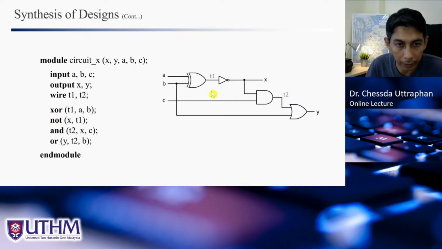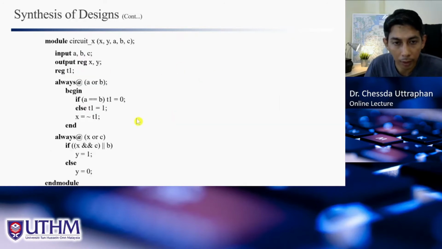So we need to label T1 or any other name, depending on you. In this case, this one is T1, so C XOR T1 is the output AB, and this is not gate. T1, the output is X, and this one is this, and we have T2 here, and we have Y. So same circuit, but by using structural modeling, we need to label here.